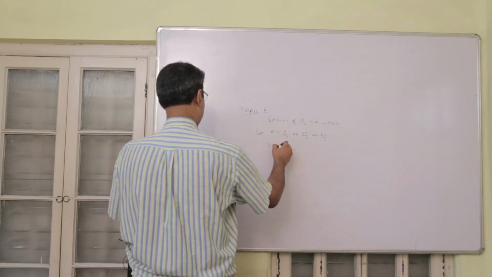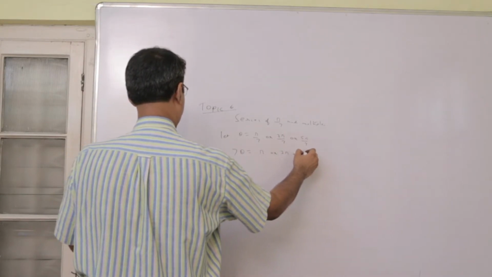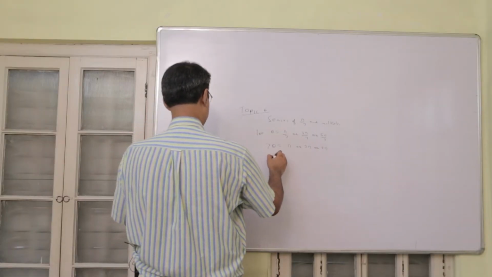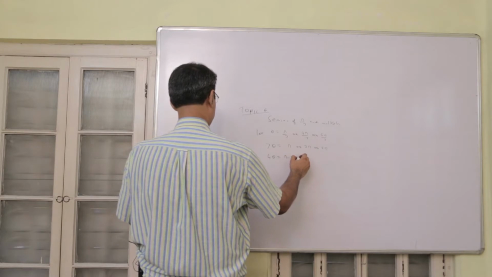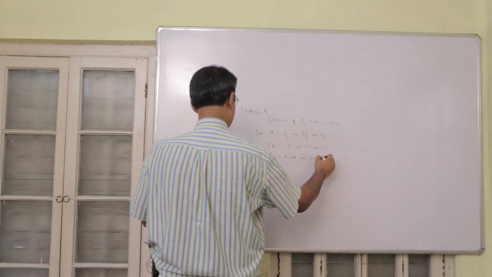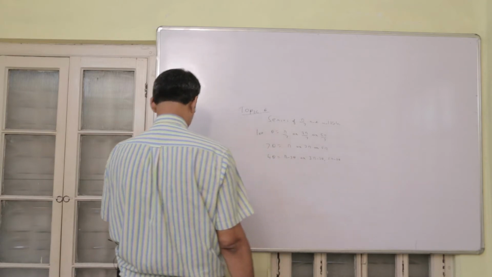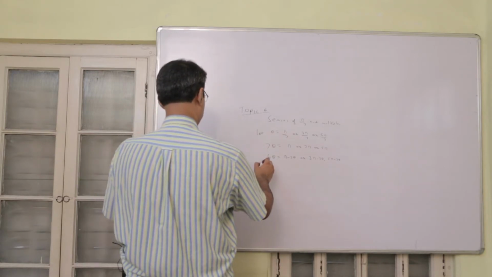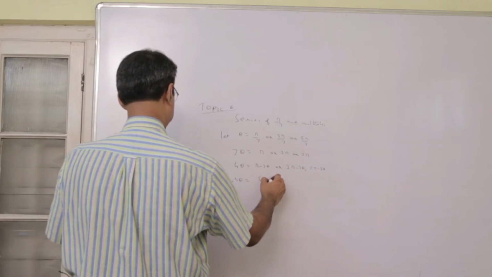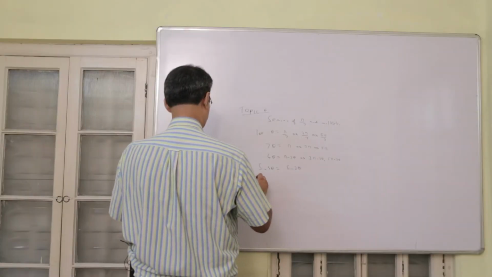So we can say that 7 theta is pi or 3 pi or 5 pi. So that means 4 theta is pi minus 3 theta or 3 pi minus 3 theta or 5 pi minus 3 theta. So if you take sine on both sides, you will get sine 4 theta is equal to sine 3 theta.